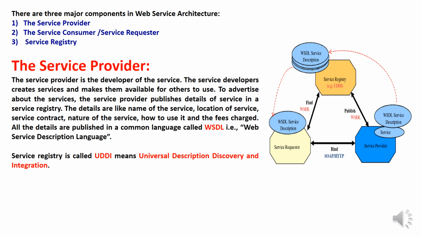The details are like name of the service, location of the service contract, nature of the service, how to use it, and the fees charged. All the details are published in a common language called WSDL, Web Service Description Language. The service registry is called UDDI, means Universal Description, Discovery and Integration.